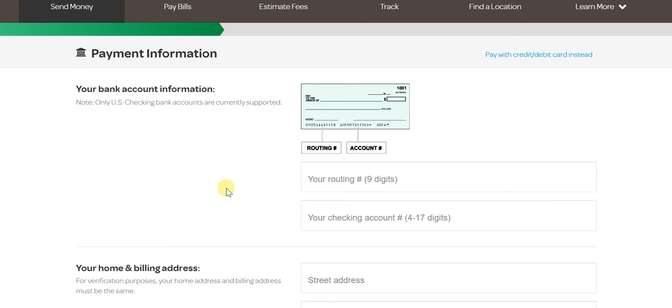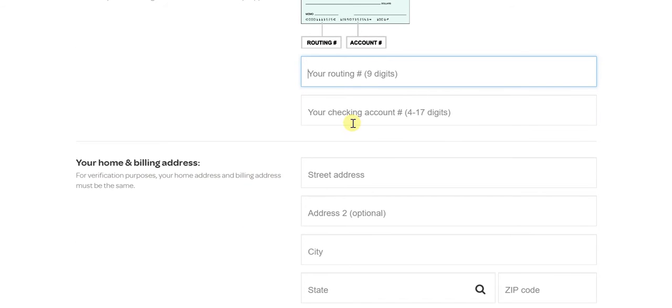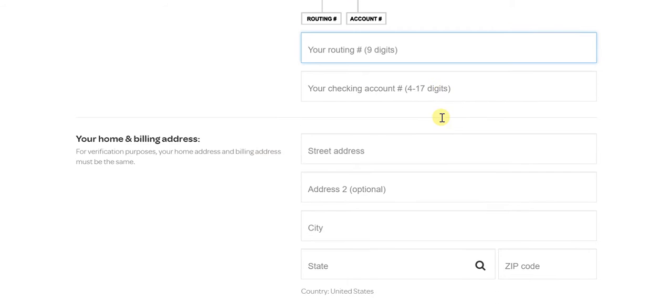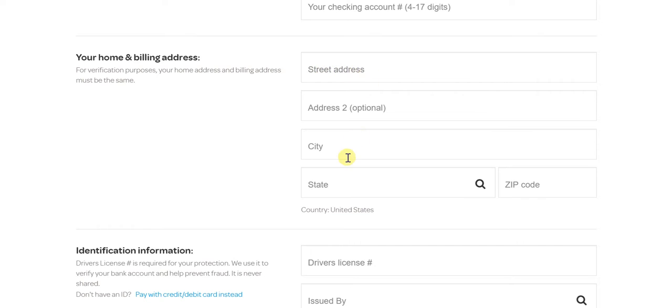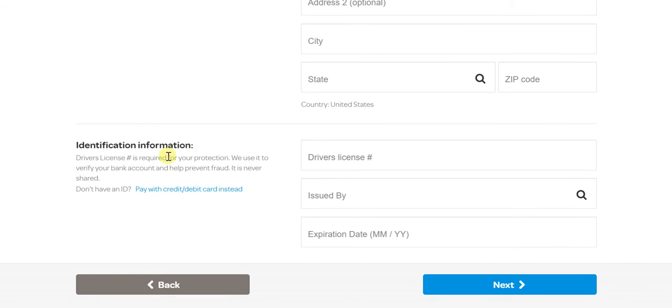And here is where you'll be putting in the actual relevant information. Say when it comes to your US checking bank account, you'll have to put in your routing number, which is typically 9 digits, and your checking account number, which is anywhere between 4 to 17 digits. So you'll be inputting that information and your own home and billing address. And for identification purposes, you'll be entering your driving license number.